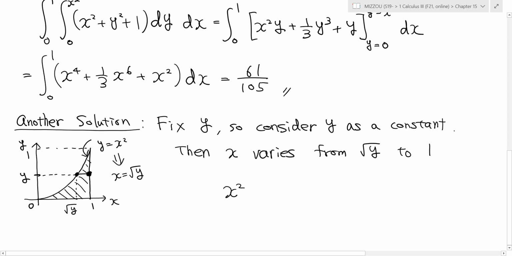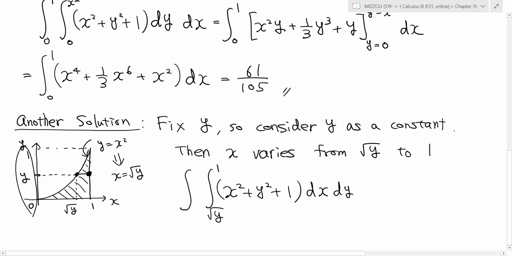The function you integrate is the same as before, and then you integrate this with x from root y to 1. If you carry out this integration with x, the variable x will disappear, and what you'll be left with is only y, and then you integrate with y. In order for you to be in this shaded region, your y value is between 0 and 1. So it's from 0 to 1.